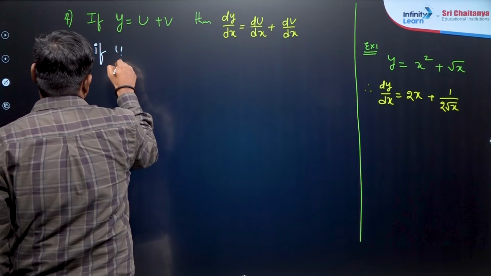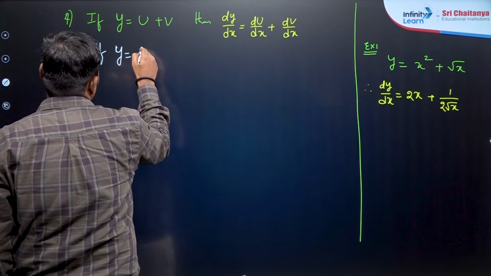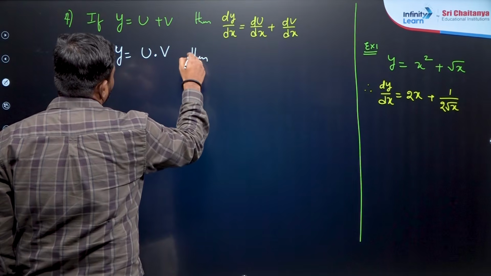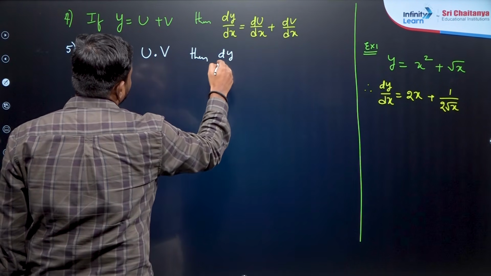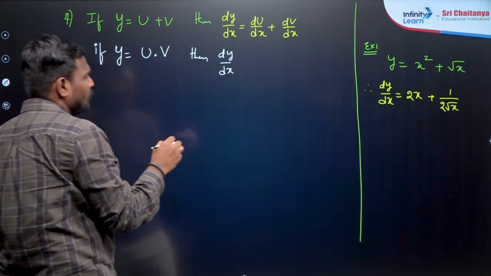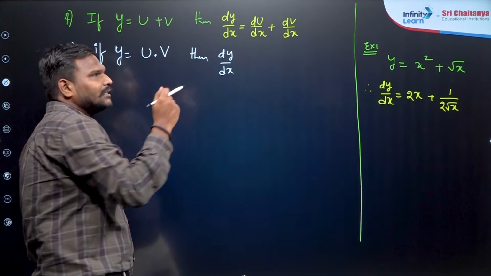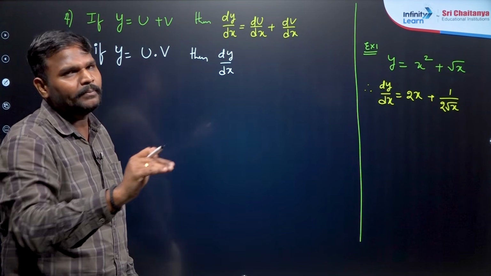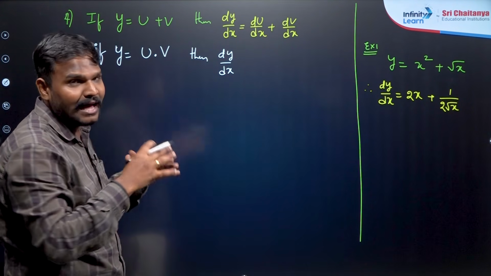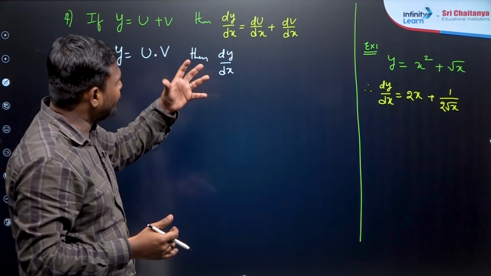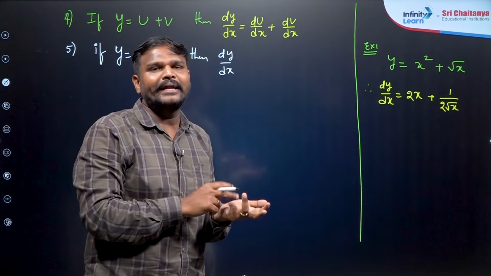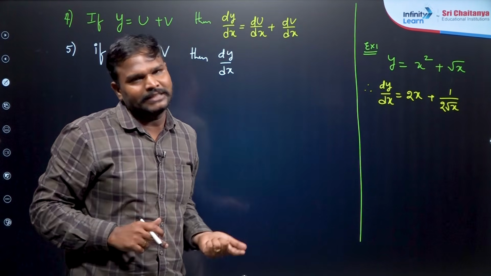If y is equal to u into v, this is a multiplication rule. This is the addition rule, this is the multiplication rule. How these formulas are derived, that anyway in mathematics you will discuss, sir. Right now in physics we only understand the application part. We have to remember the formula, then apply it in kinematics or gravitation or electrostatics, right?